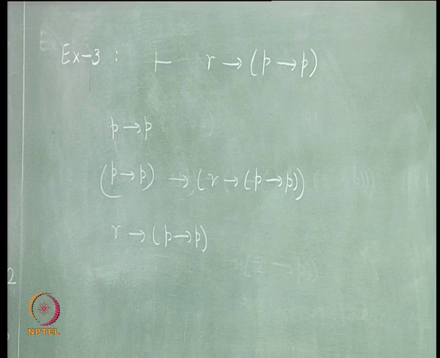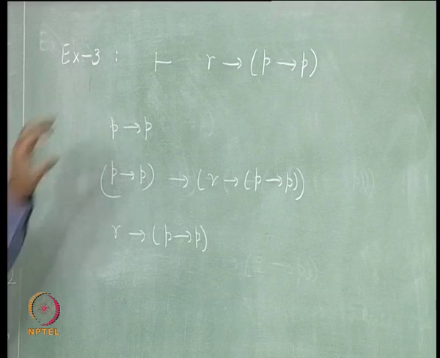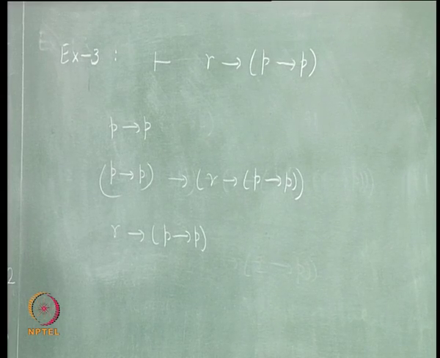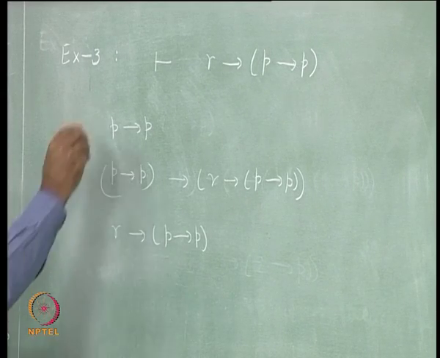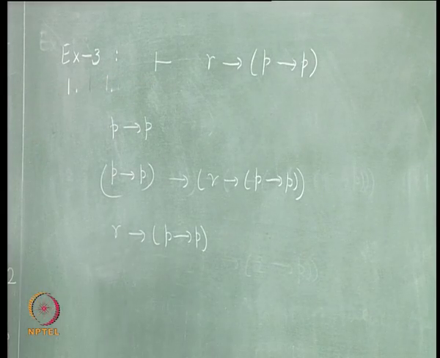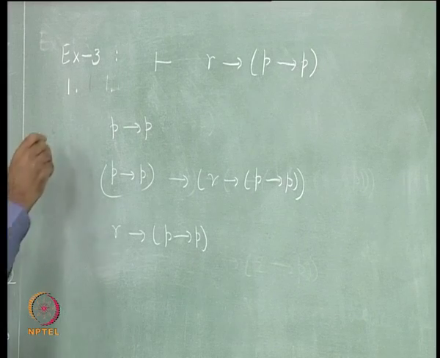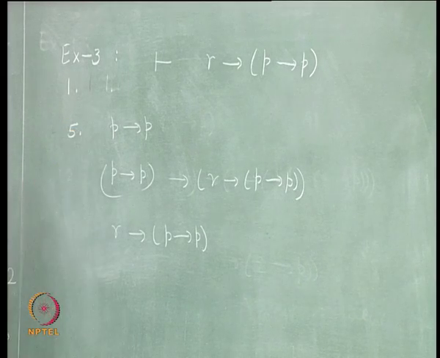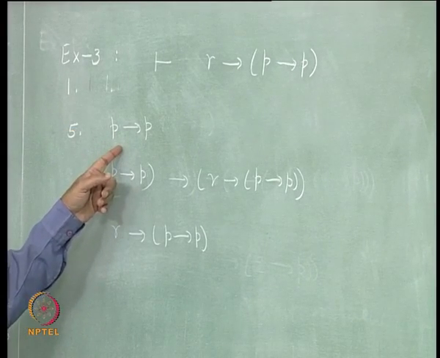How do I proceed? Well, we have already proved P implies P. So, bring that proof and insert it here. Okay. So, I now have something starting; that line number was 5 in example 2. So, at 5 I get P implies P, right.